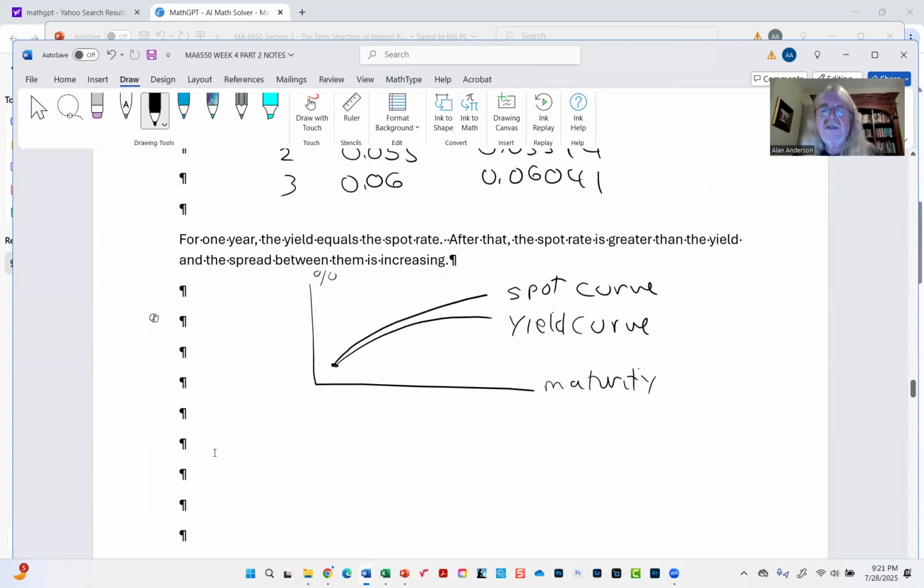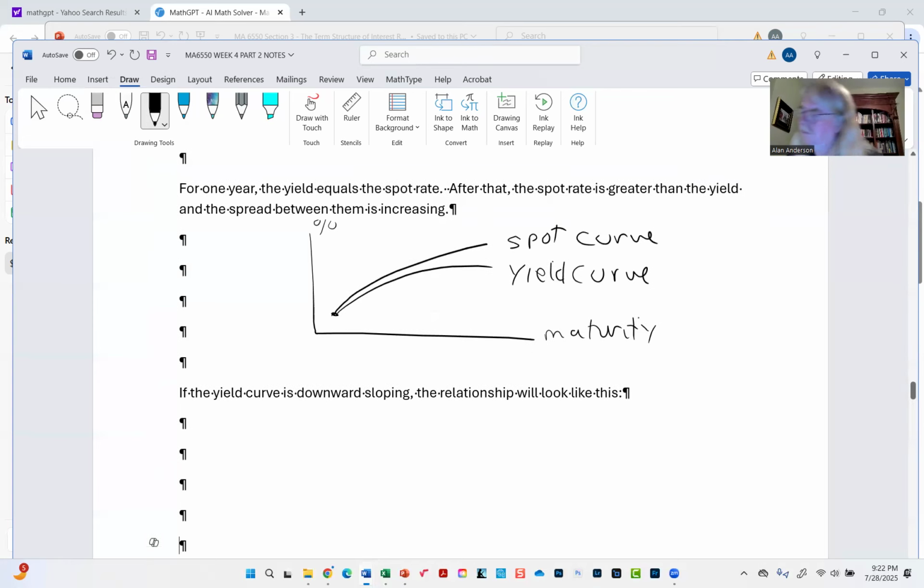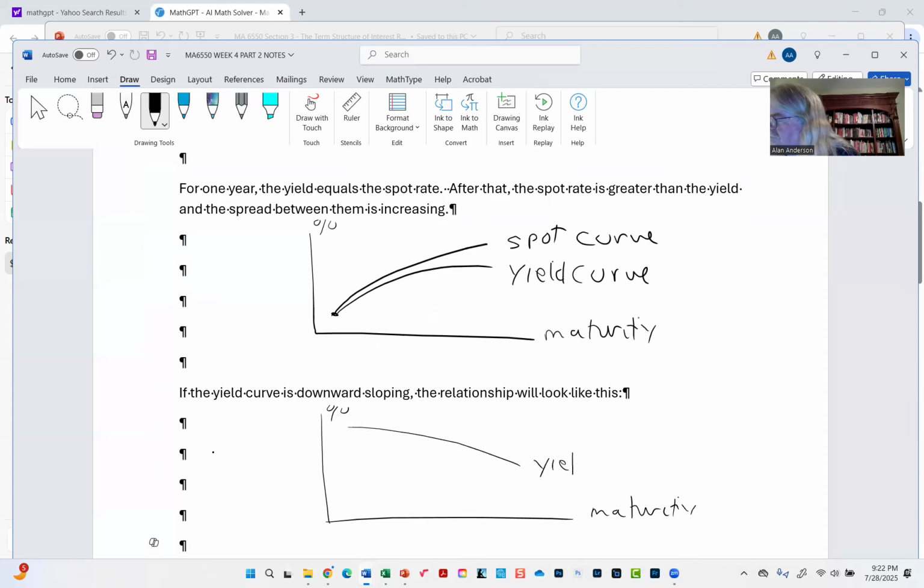Now, it turns out that if the yield curve is downward sloping, the relationship will look like this. All right, well, that's not perfect, but you get the idea. The spot curve suddenly is now everywhere below the yield curve.